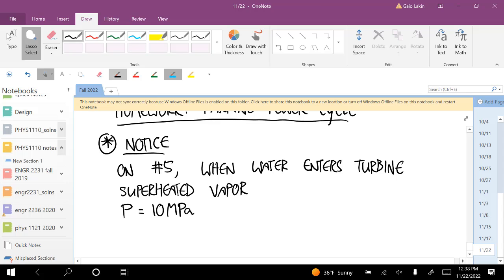That's what was given before, but you also have to know the temperature. You can't do this problem. And the temperature is 480 degrees Celsius.